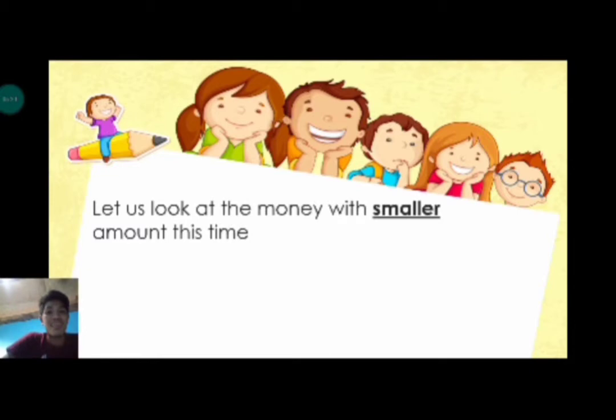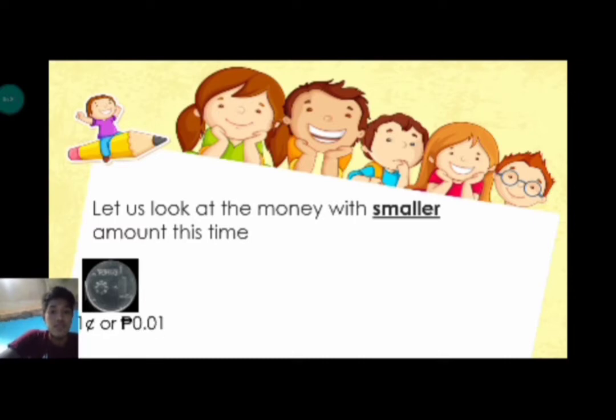Let us look at the money with smaller amounts this time. 1 centavo. How do we write 1 centavo in symbol? We have a symbol like this, and this is the centavo symbol. Or we can write it as 0.01 pesos. How do we write it in words? 1 centavo.